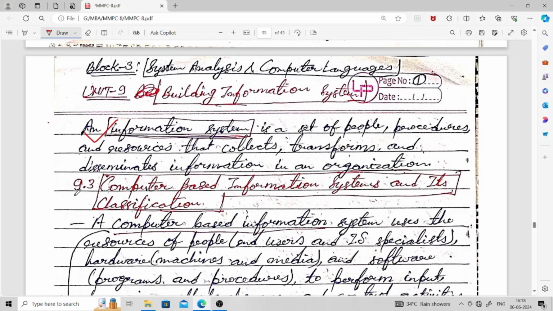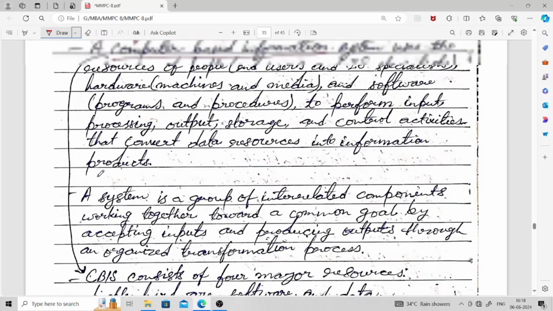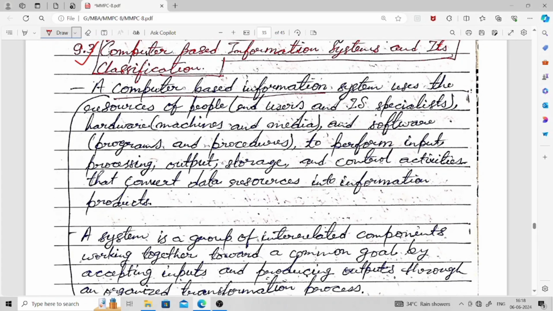Then here given 9.3, that is computer based information systems and its classification. So what is this computer based information system? A computer based information system uses the resources of people, that is the end users, hardware, that is machines and media, and software, that is programs and procedures, to perform input, processing, output, storage and control activities that convert data resources into information products.